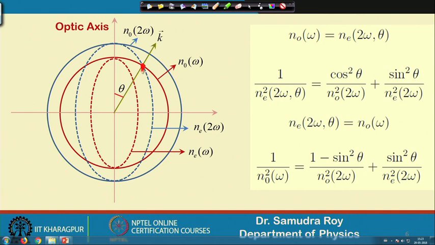So now we have in our hand that n_o of omega is equal to n_e of 2 omega at theta. Now we have the equation in our hand, and this equation is a very old equation.